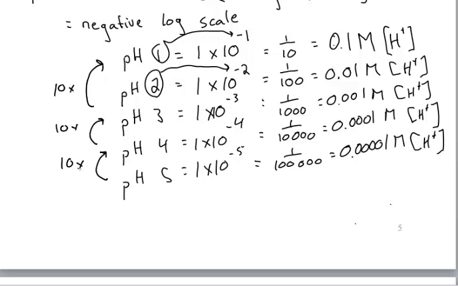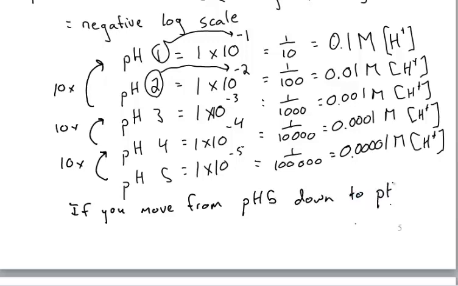So, for example, if you move from pH 5 down to pH 2, okay, you increase acidity because you're getting a lower number, more acidic. 10 times for each jump, so that's 1 jump, 2 jump, 3 jumps.